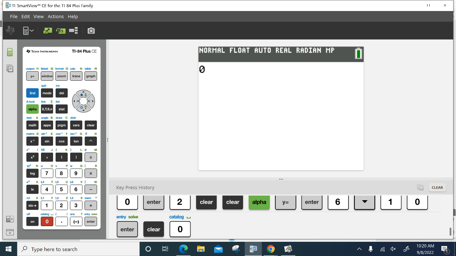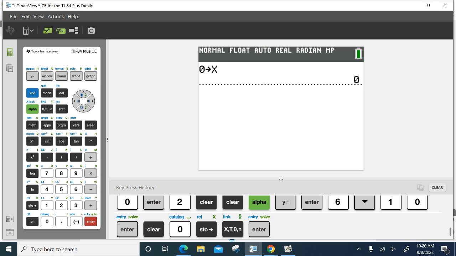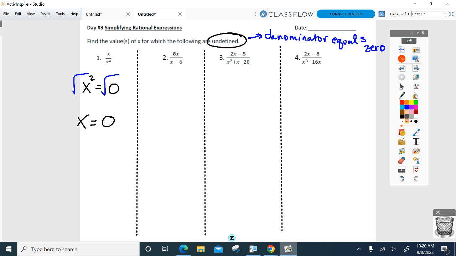It's going to get you past the Regents exam. Trust me. Store. We're going to take whatever we think the answer is, store it in for x. You know how to pull up an x? Enter. And then you're going to go back to the original fraction, type it in, and we better get an error message. Okay, because that'll be undefined.